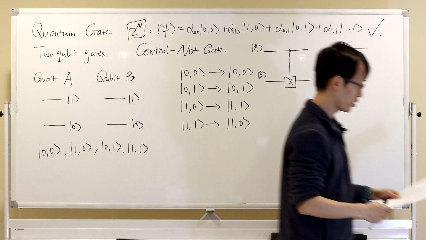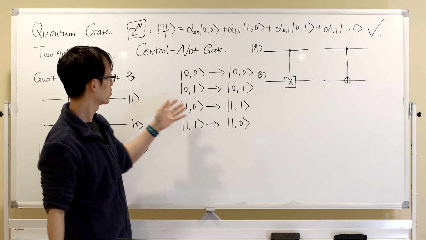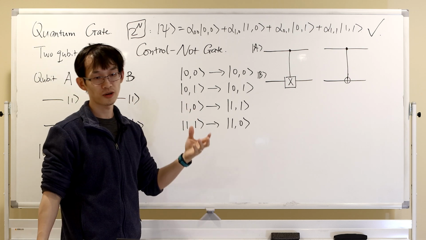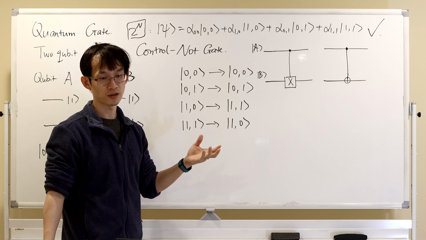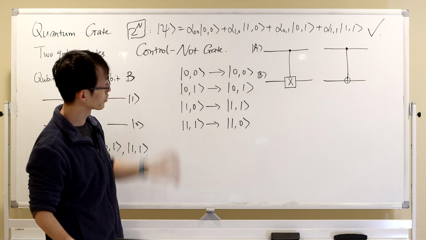As you guys can see, for any gate, we actually want to express it in matrix form, right? Because then you don't have to carry over the truth table. Okay, this is called a truth table.